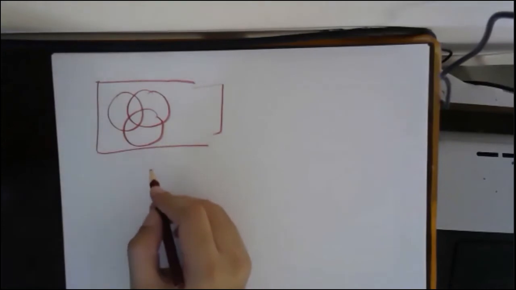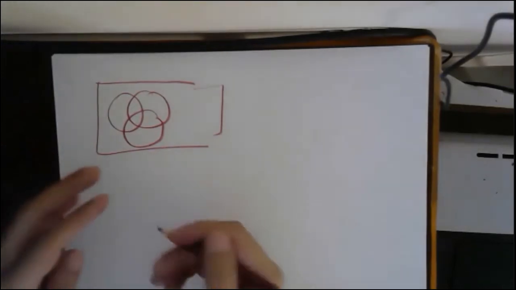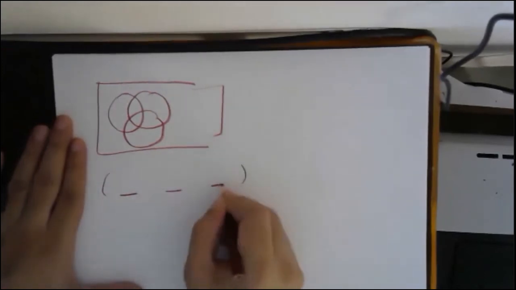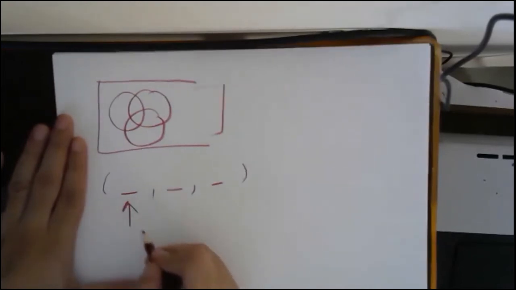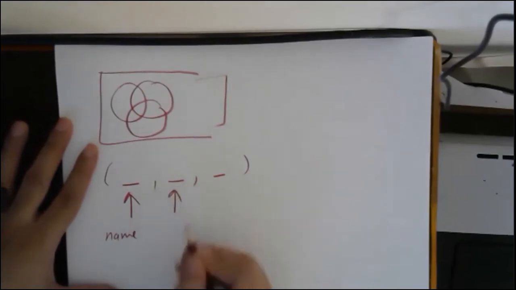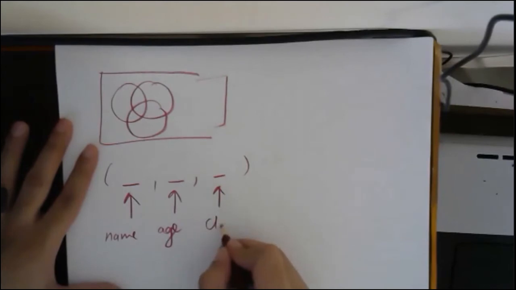So the next thing is, now we have seen what ordered pairs are. An ordered pair can be in between 2, in between 3, and in between 4. Some very crude example: I have kept 3 spaces. In the first blank I will write name, in the second blank I will write age, and in the third I will write class.